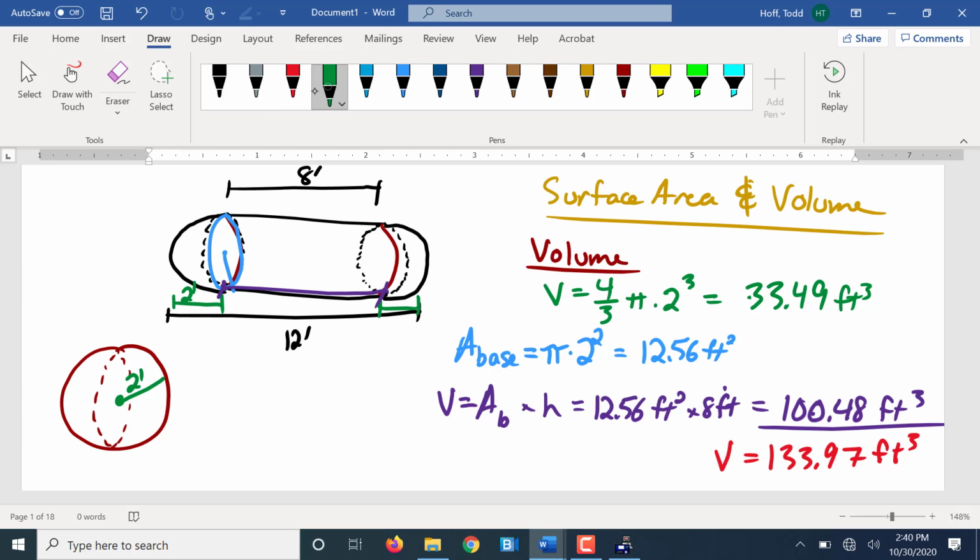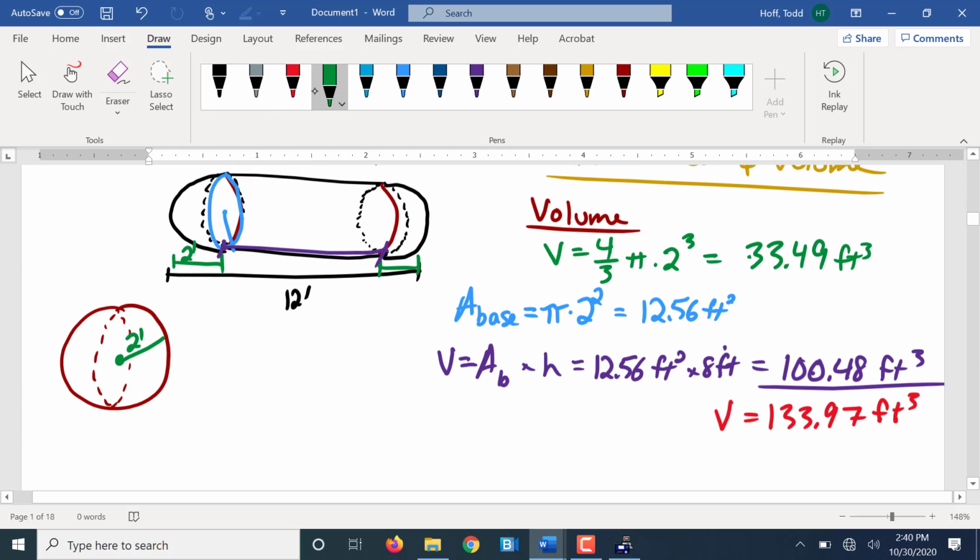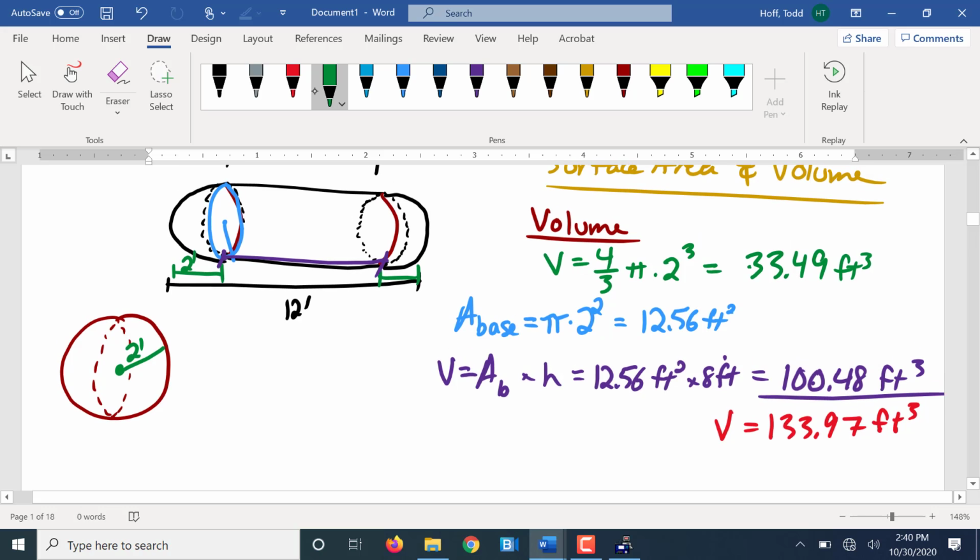Surface area. When we have composite shapes like this for surface area, the trick is figuring out what surfaces are exposed. Normally for the surface area of the cylinder, we would have 2 bases.